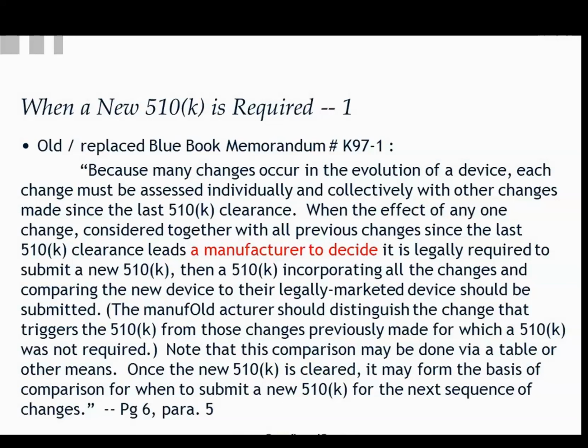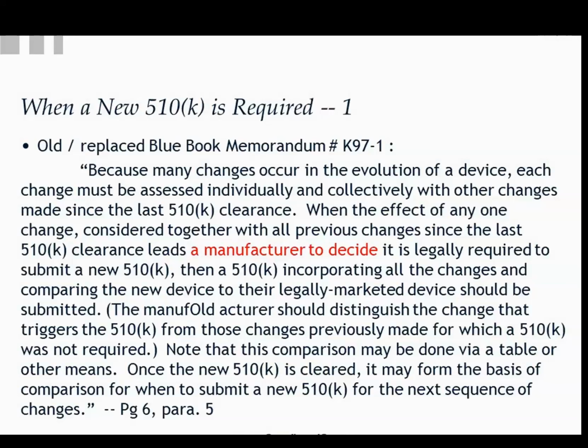If you make a bunch of changes and none of them individually would trigger it, but all of them collectively would, you can implement those that didn't trigger the need for a 510K without getting a new one, and then list the last one that triggered the need cumulatively, but list all the previous changes as well. Anytime you file a new 510K, you have to list all changes since the last 510K, while of course focusing on the one that triggered the need for a new 510K.